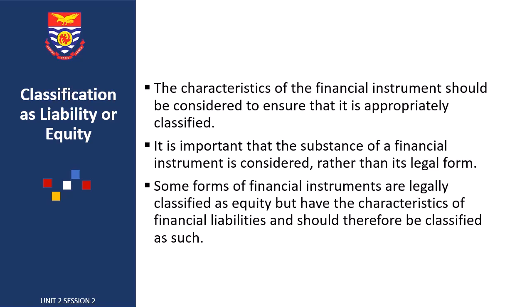So the substance is with your cousin who is using the car, but legally you own the car, but you are not the one using it. So when you are accounting for that, the benefit and cost goes to the person using the car. So we are looking at the substance of the financial instrument rather than its legal form.